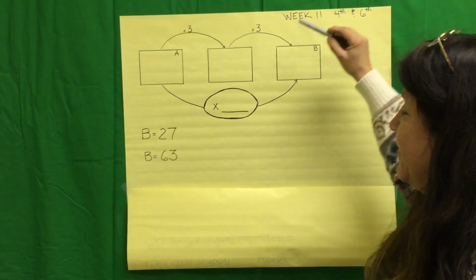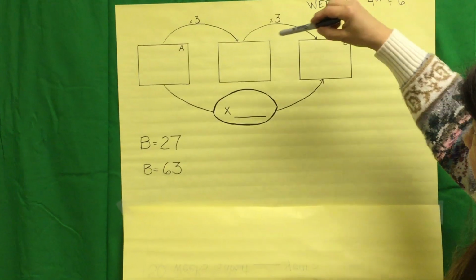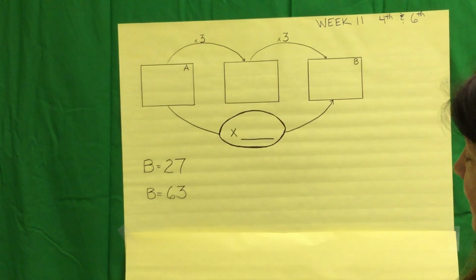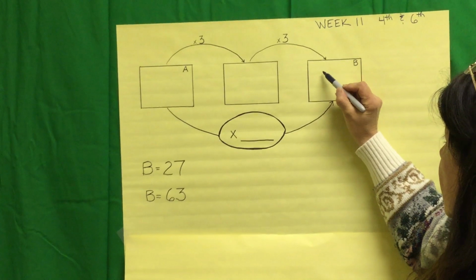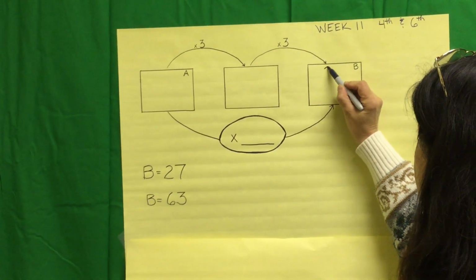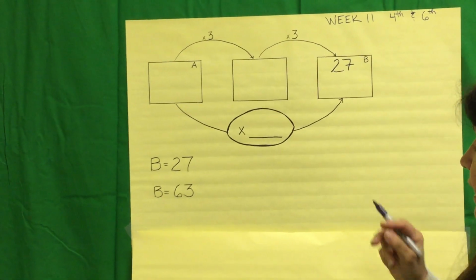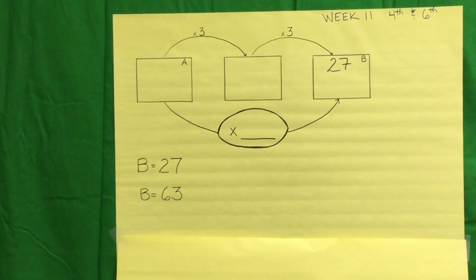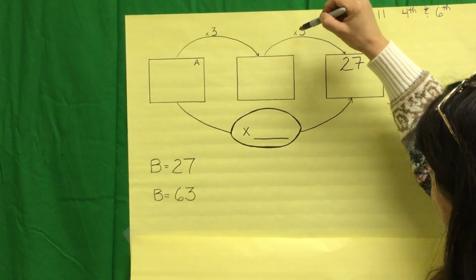So what we have here is a math problem where we're going to put B, the value 27, in for B. You have a similar problem in your book, in your package for the week. So what we do is we do the inverse.